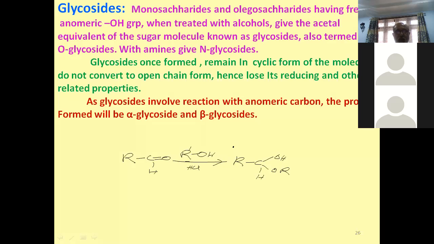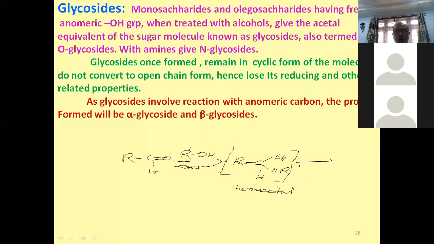Which is unstable, and this is your hemiacetal structure. The process is also reversible. But again, if you react with more alcohol, R prime OH, HCl, what do you get?